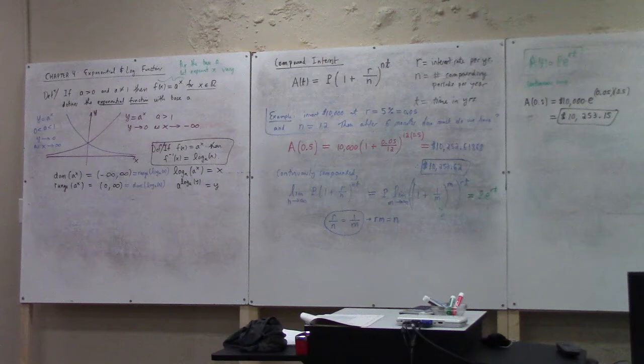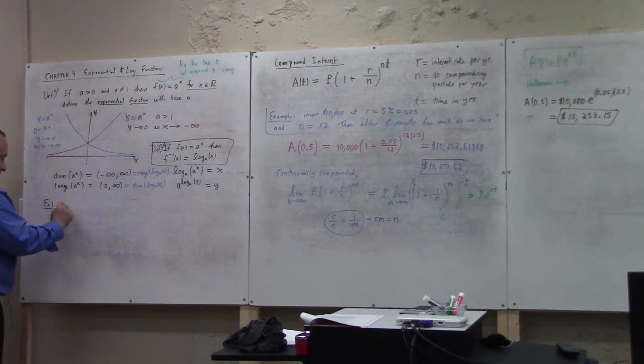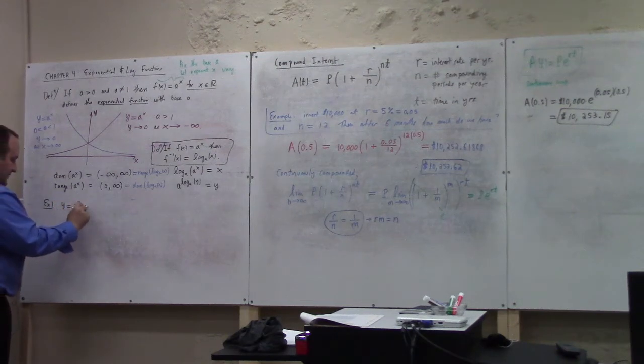So now, section 4.1 introduces exponential functions. It talks about their basic graphs like we already have, but then it does extra stuff. Like, could you graph y equals 2 to the x plus 1? What would that look like?